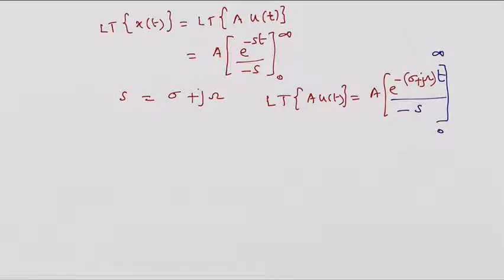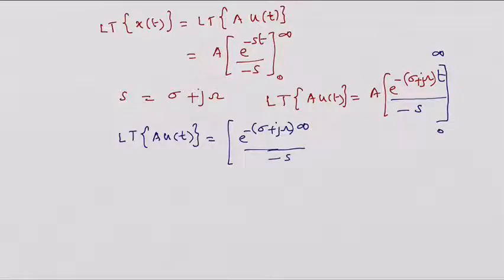Now let me try with the limits. The Laplace transform of the given signal a into u of t is rewritten as e power minus sigma plus j omega, and if you substitute the upper limit, it will become infinity divided by minus s, minus the lower limit. When it is substituted in place of t, it will become e power 0.